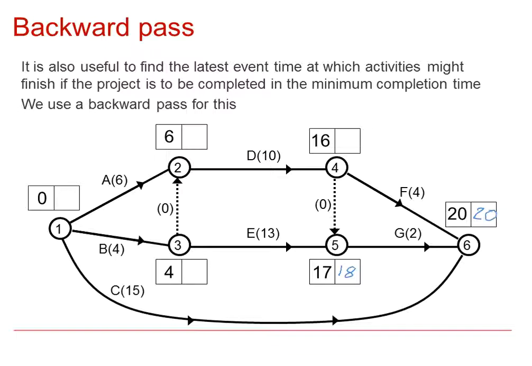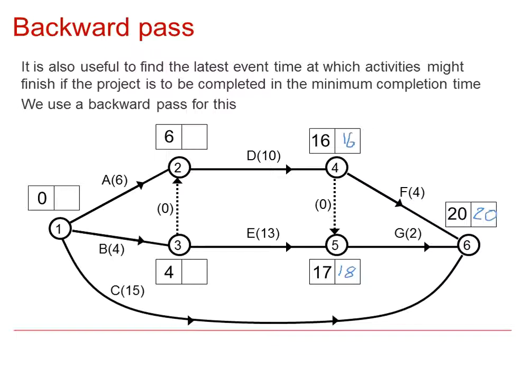Looking back then to node 4, for F to be finished by 20, the latest time it can start is 16. You'll note that sometimes we have the same numbers in the left-hand and right-hand side boxes, but they don't necessarily need to be the same.